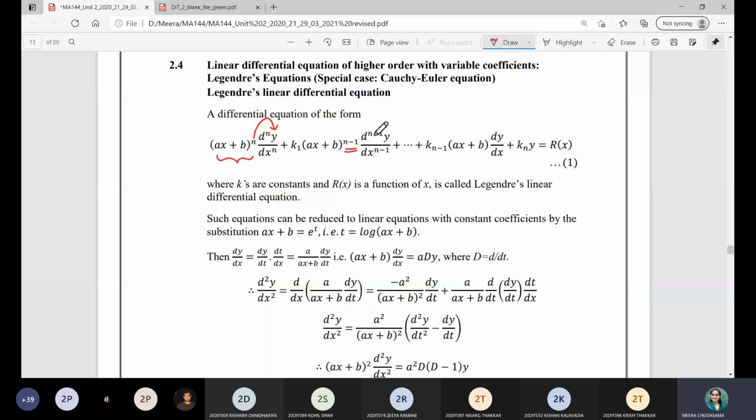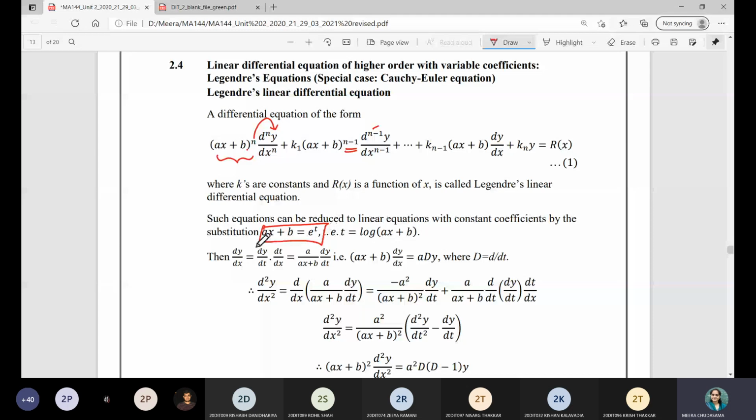At that time we convert this differential equation with variable coefficients into a differential equation with constant coefficients by choosing the substitution ax plus b equal to e raised to t.